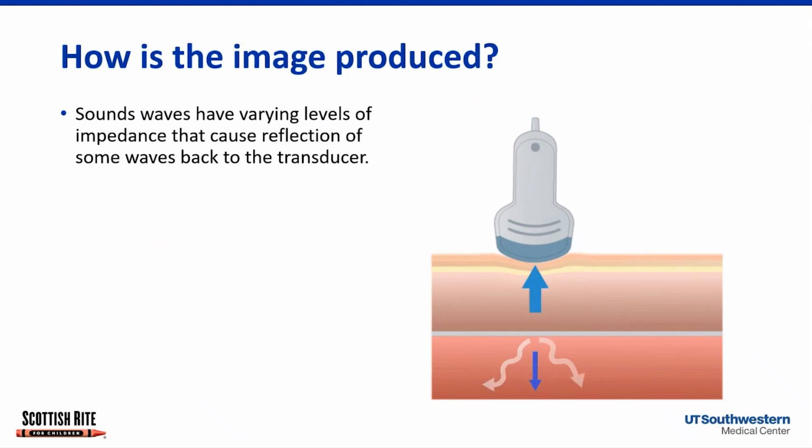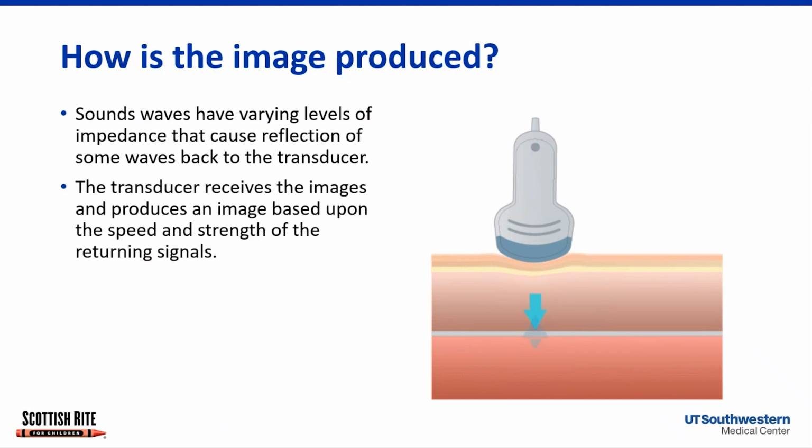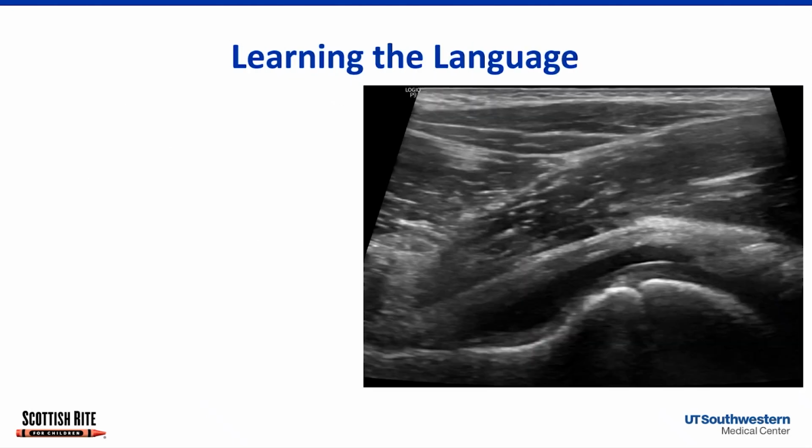And then some of the ultrasound waves are absorbed into the tissue as well. All right, so that transducer gives out the sound waves, and then based upon the strength of the sound waves and how quickly they're coming back, it produces an image, or the ultrasound image, on your machine or on your screen, okay?